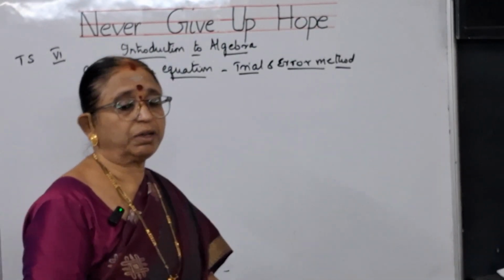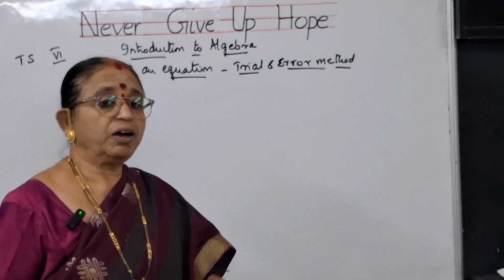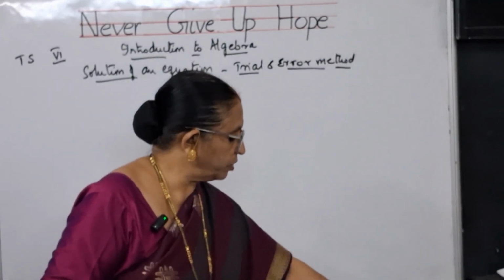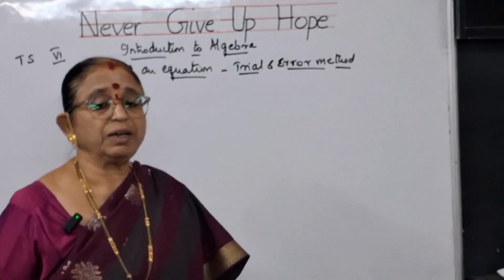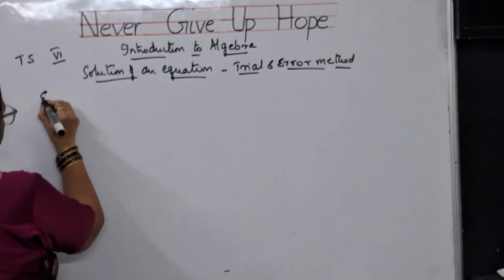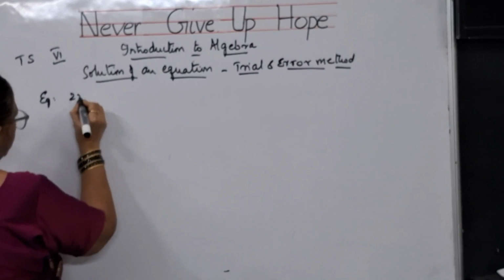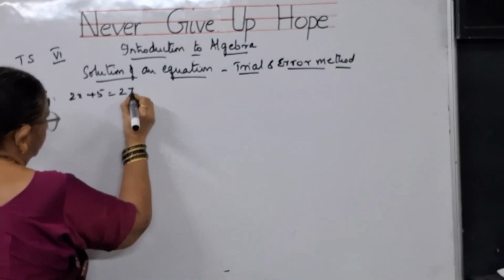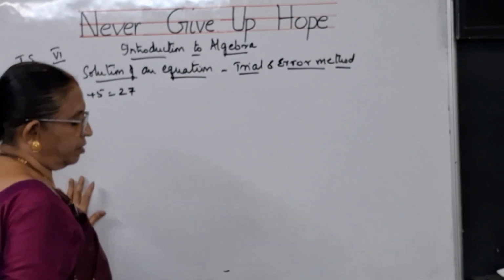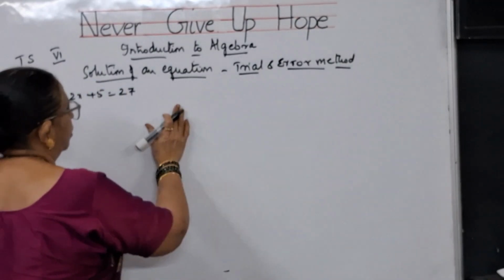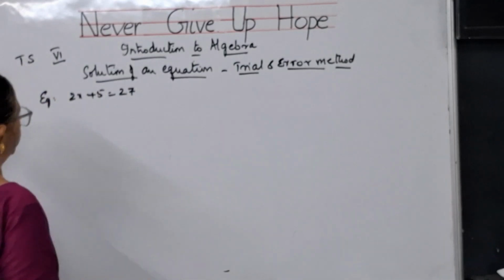Solution means, children, the answer that we will get after solving an equation. But how has it to be solved? It should be solved by using the trial and error method. Here, as an example, you have got 2x plus 5 is equal to 27. This is the example sum, how it has to be solved by using trial and error method.